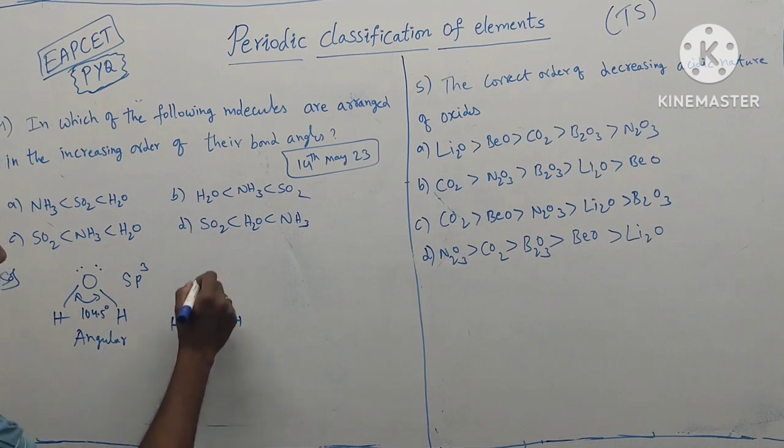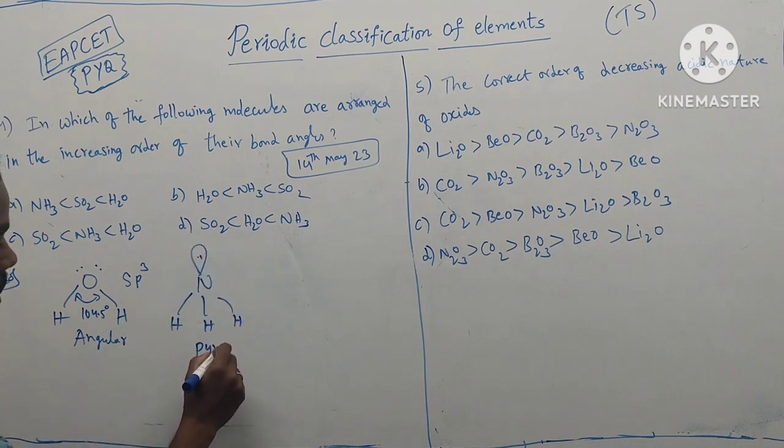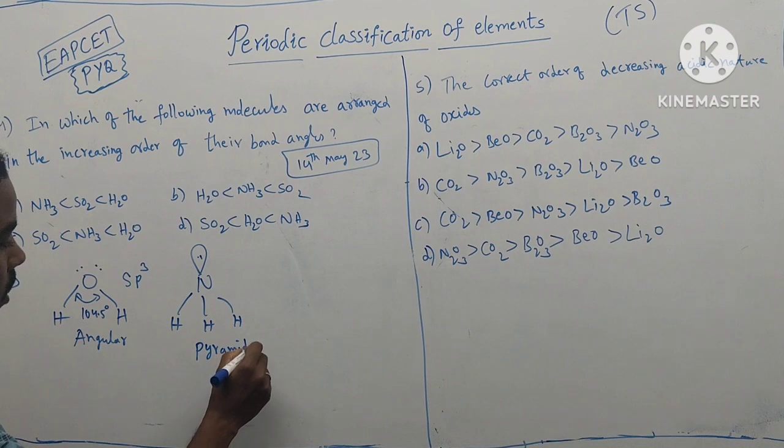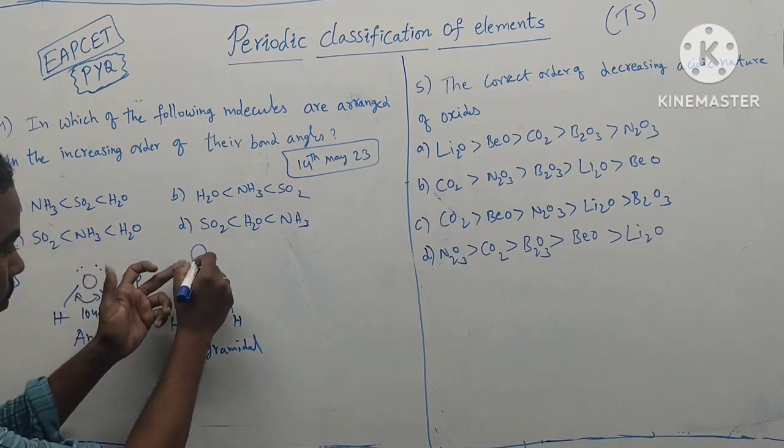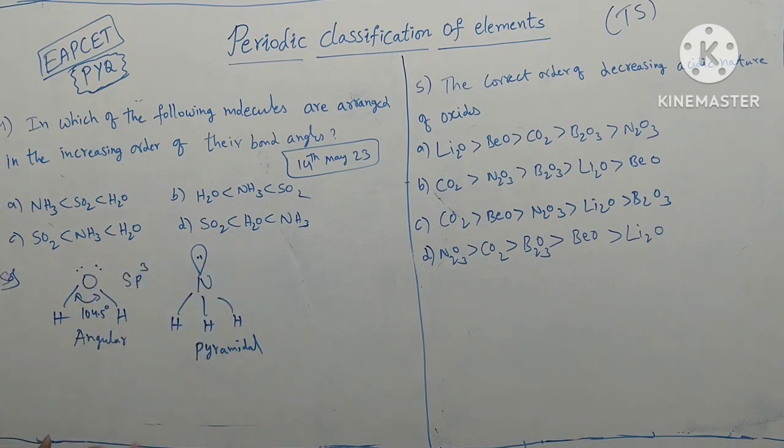The shape is pyramidal. Here also sp3 hybridization means a bond angle of 109 degrees 28 minutes. But due to the presence of a lone pair, lone pair-bond pair repulsions decrease the bond angle from 109 degrees 28 minutes to 107 degrees. So here the bond angle is 107, there 104.5.